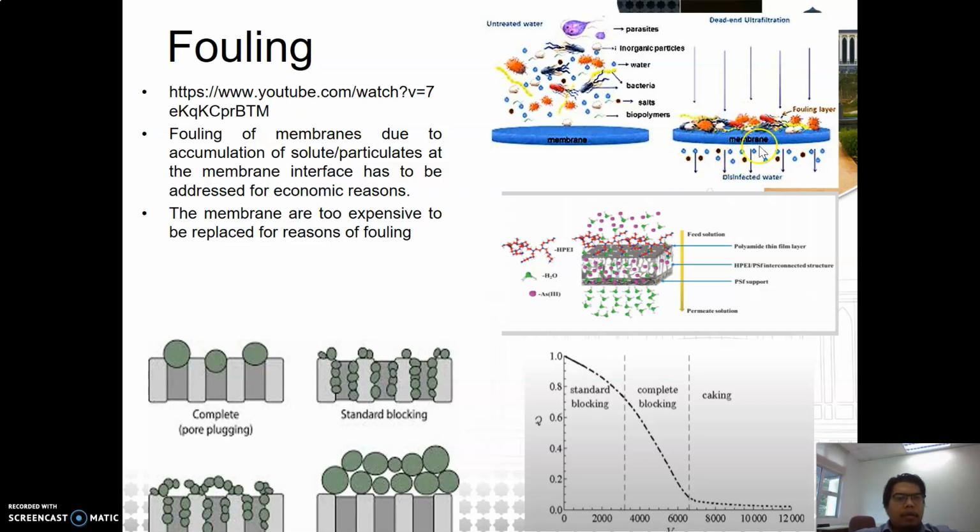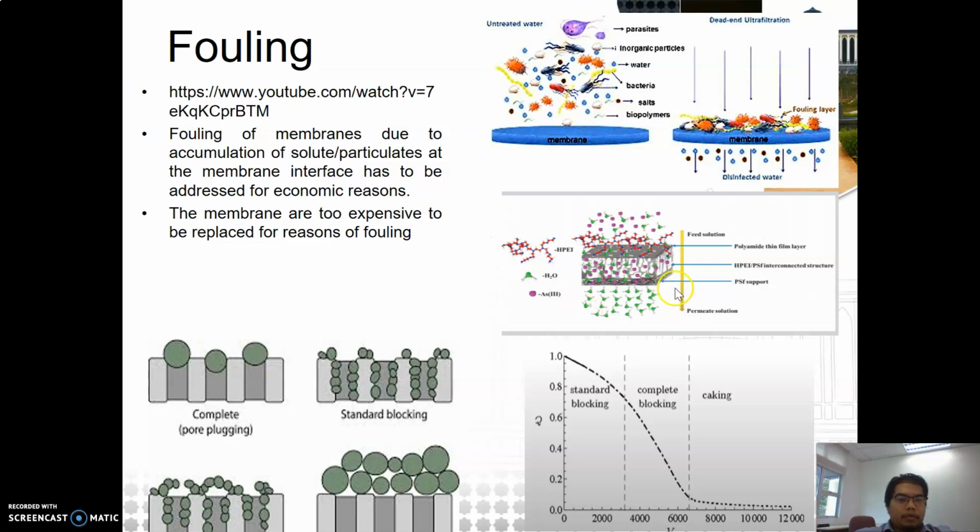Here is our product. All the particles will accumulate on top of the membrane and block the pore, and once it blocks the pore, it makes our filtration process less effective.